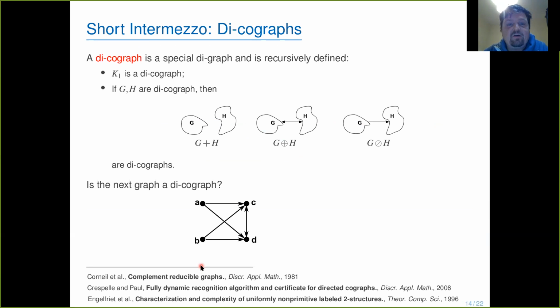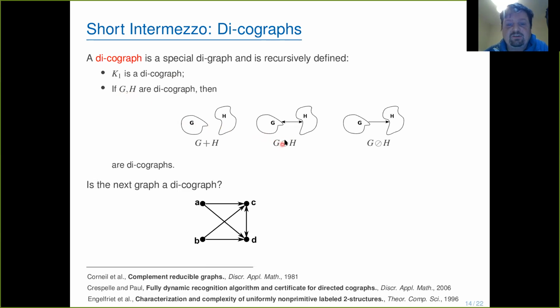So a Dico graph is a very special directed graph, and it is recursively defined. A single vertex graph, the K1, is a Dico graph. And if I have two Dico graphs, G and H, their disjoint union is a Dico graph.